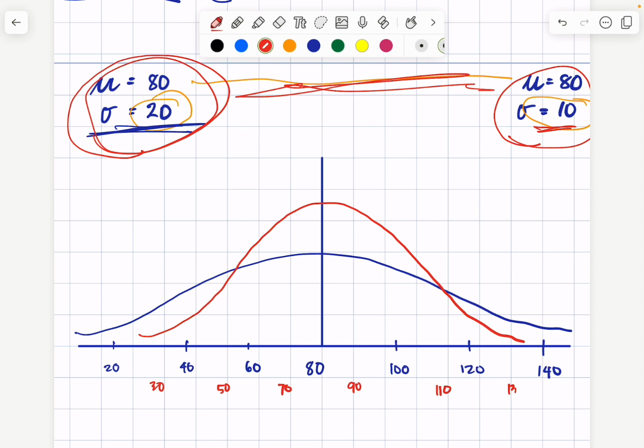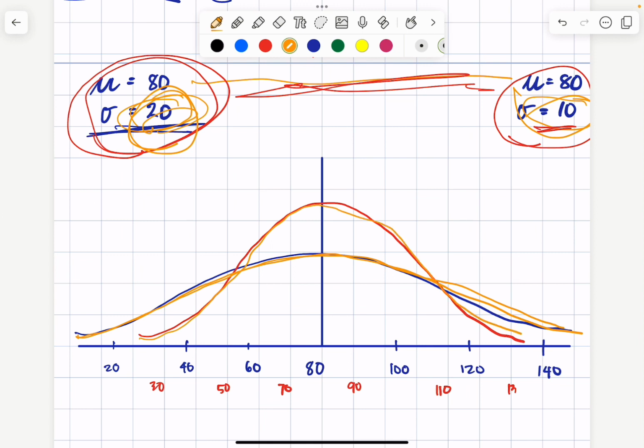So, the reason behind that is kaning atuang standard deviation. Ang isa, kani nga curve, which is wider, ang iyang standard deviation kay mas dako, which is 20. Kanina pong isa, the curve nga mas narrow, ang iyang standard deviation kay 10, which is smaller kaysa ni 20.